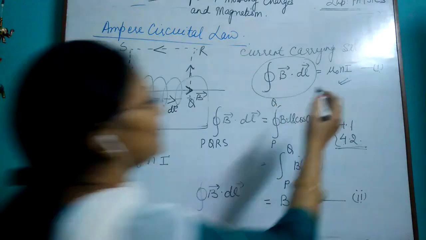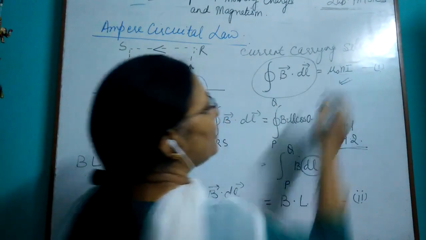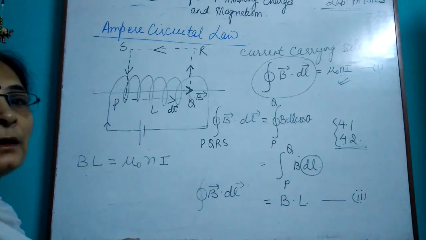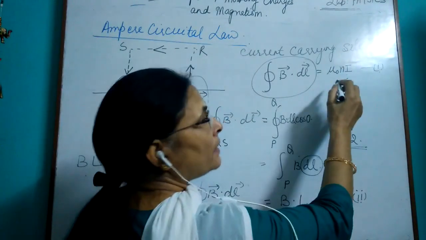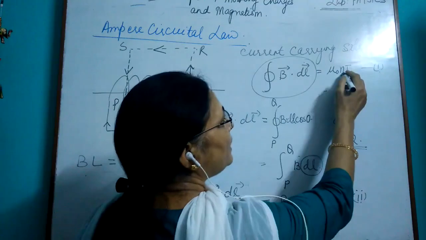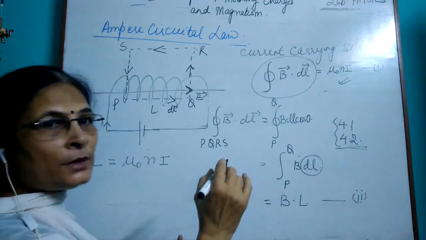Now see here, this was N number of turns per unit length. So for the total current, I'll have to multiply it by length also, because N was number of turns per unit length.